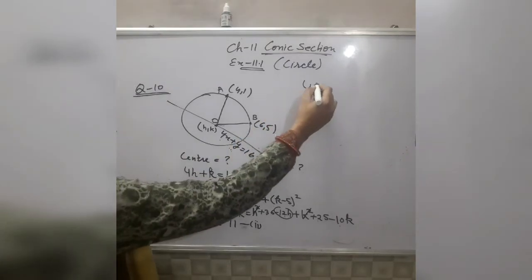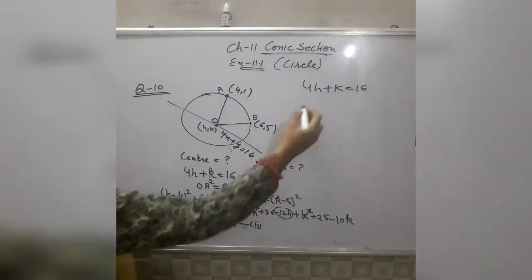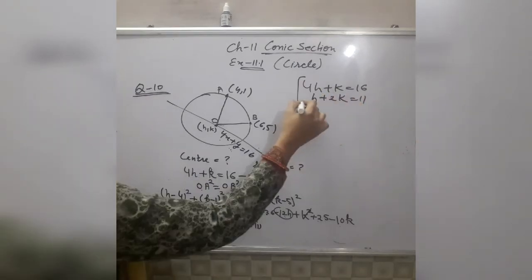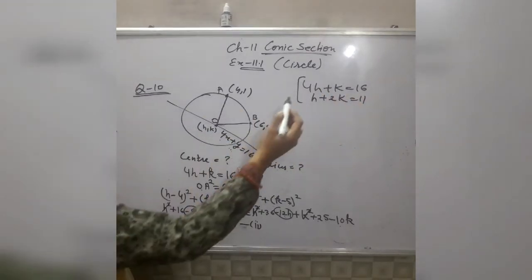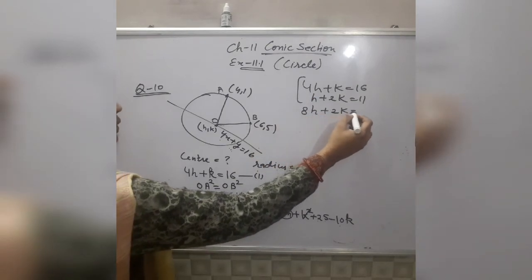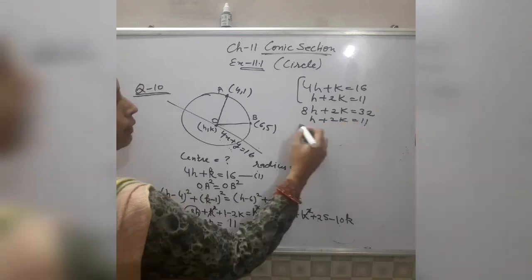Equation 1 is 4h + k = 16. Equation 2 is h + 2k = 11. So simplify these two equations. Multiply the first equation by 2, you will get 8h + 2k = 32 and h + 2k = 11.